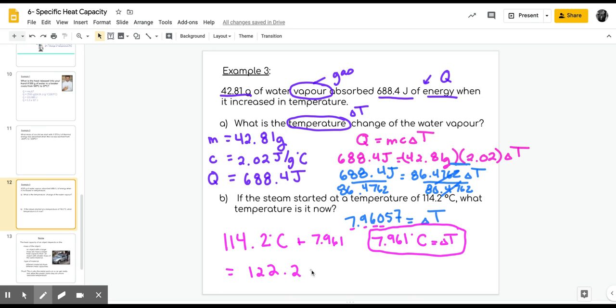I've rounded to only 1 decimal because when I'm adding and subtracting, my least number of decimals, only with adding and subtracting, is how I decide sig digs. So 1 decimal here means 1 decimal in my answer. So the temperature that it is now is 122.2 degrees Celsius.